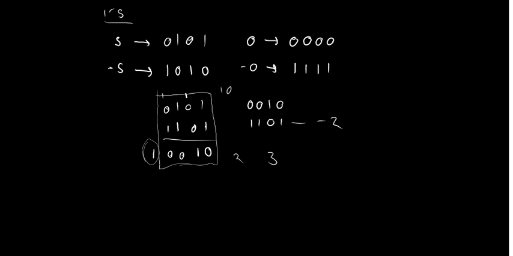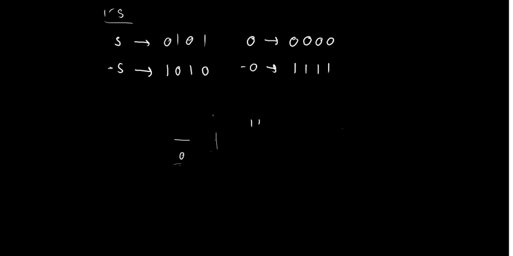So now, 1's complement has this issue. And if we try to do more arithmetic here, say for instance, I keep my 5, and then negative 3 would be 1, 1, 0, 0, right? This is negative 3.